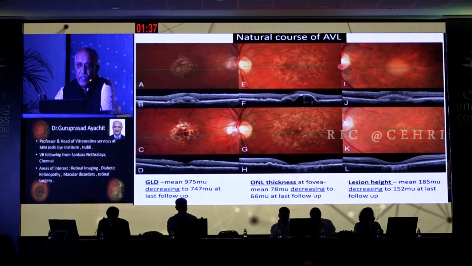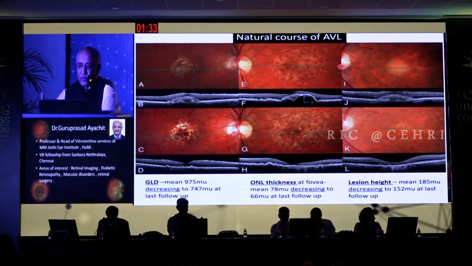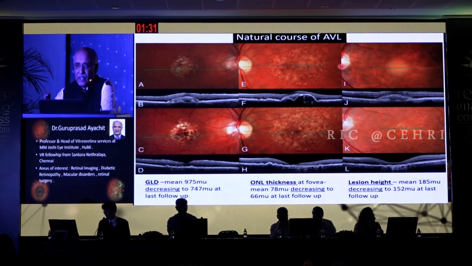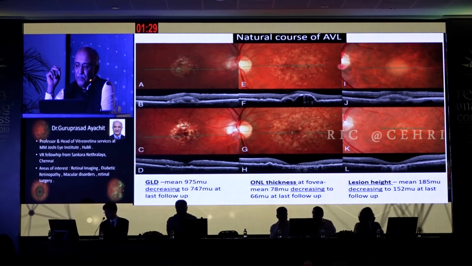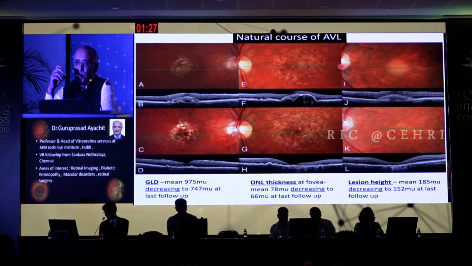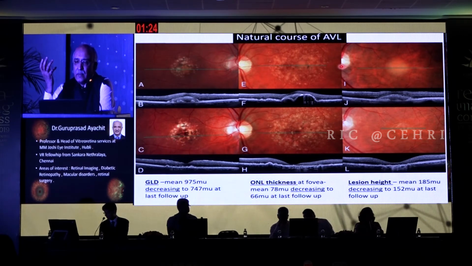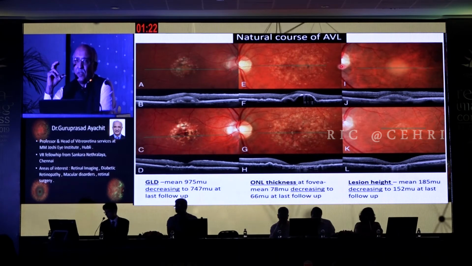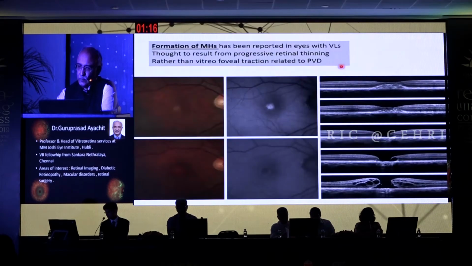The greatest linear dimension is also reduced over a period of time once the diagnosis is made. The outer nuclear thickness is also reduced over a period of time. The lesion height can also reduce, because by the time the diagnosis of AVL is made, it is already quite late. So the next course of events will be of resolution.